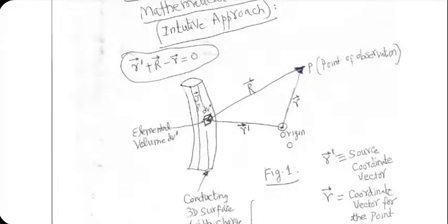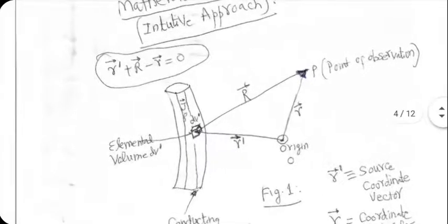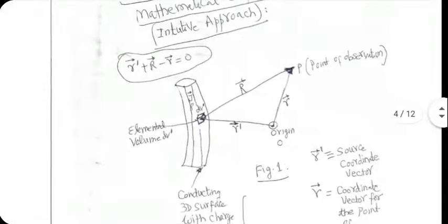By the way, for volume I am using V with a prime on it, because V itself is reserved for scalar potential. So volume will be denoted by V prime. I take a small volume dV prime somewhere inside the surface.